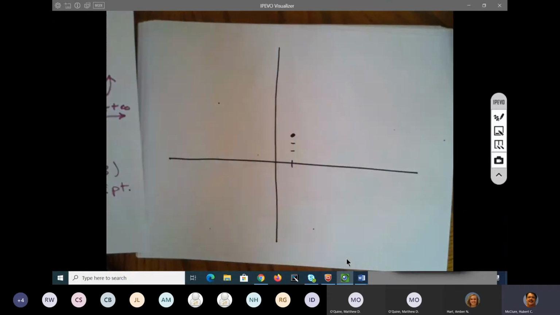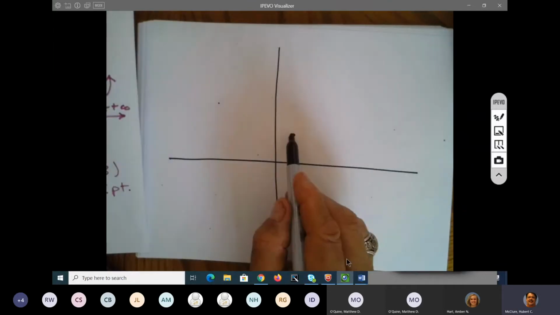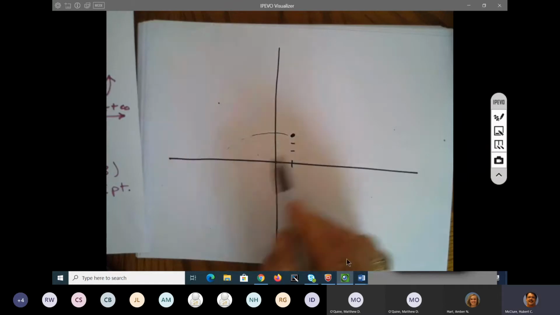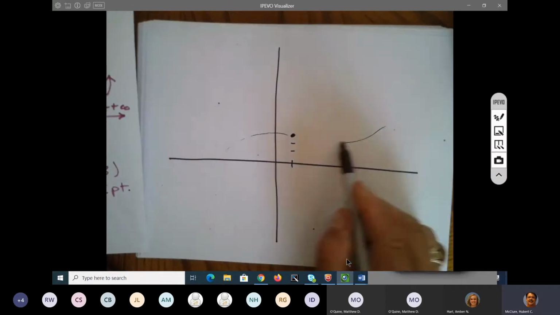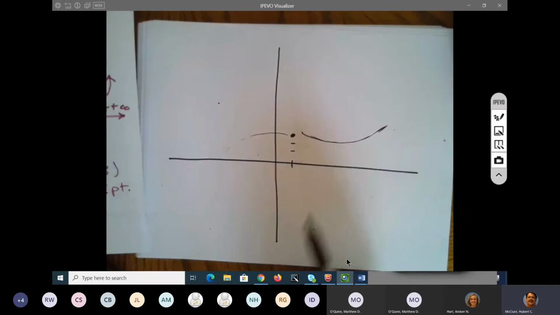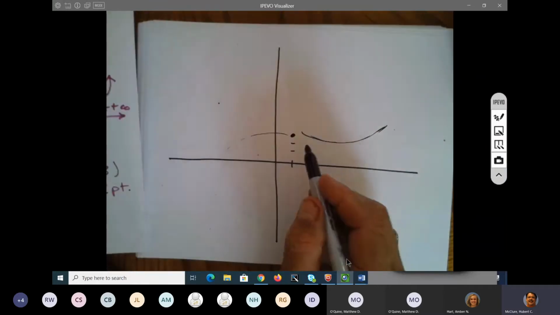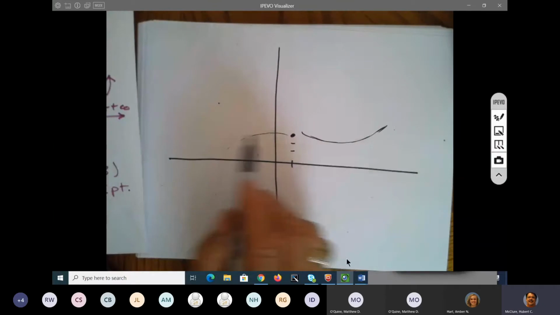I know that I've got the difference between concave down and concave up right here. So I know that I'm going to have some kind of transition right there.